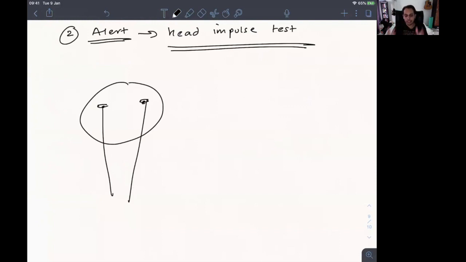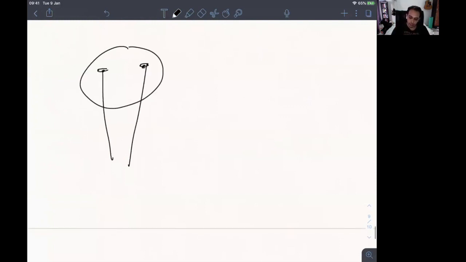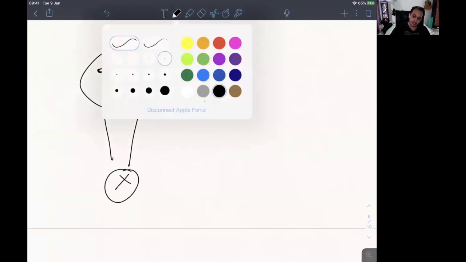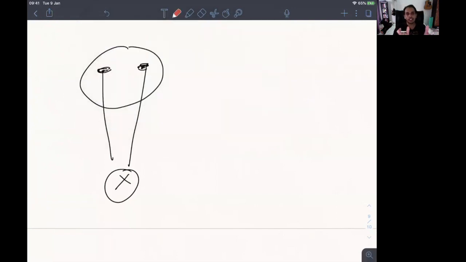Now, I will ask the patient to look at a particular spot straight ahead, and I will turn the patient's head to the right and to the left. And in either direction, the eye has to move to the opposite side in order to maintain fixation.